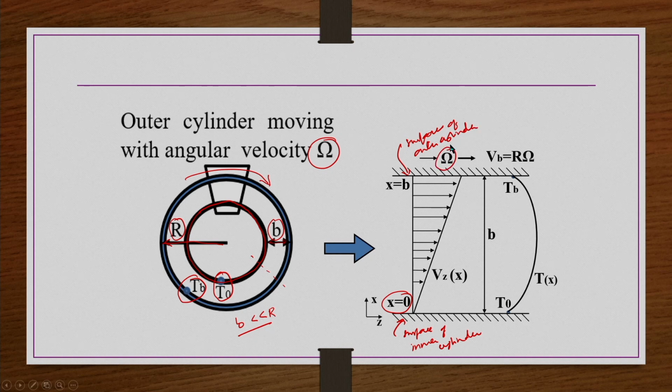If you convert this velocity into a rectilinear velocity component, you get R omega, and let us designate R omega as V b.